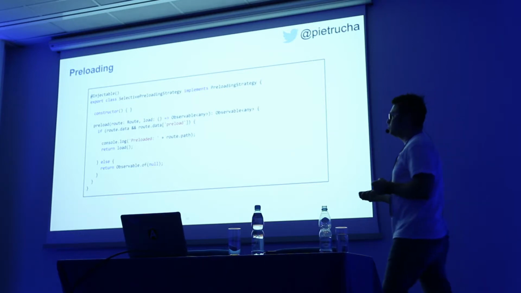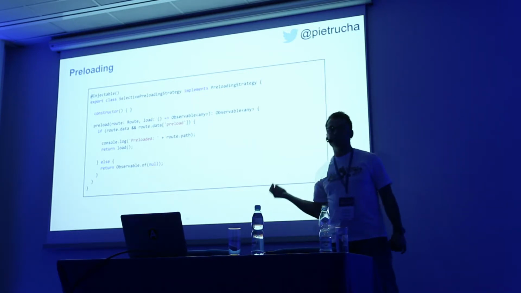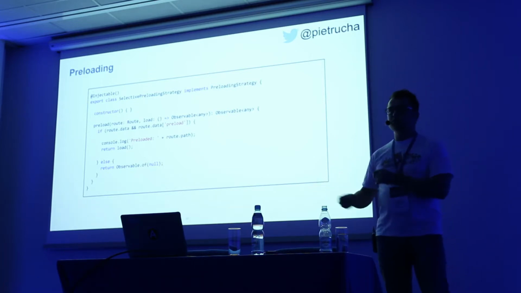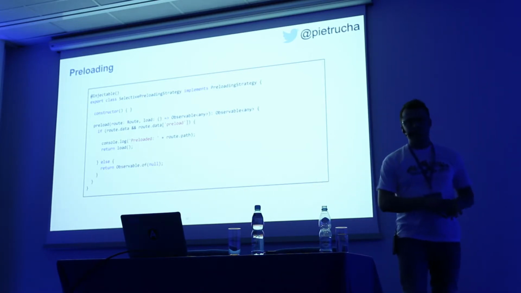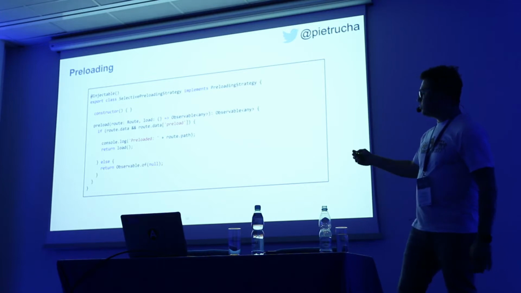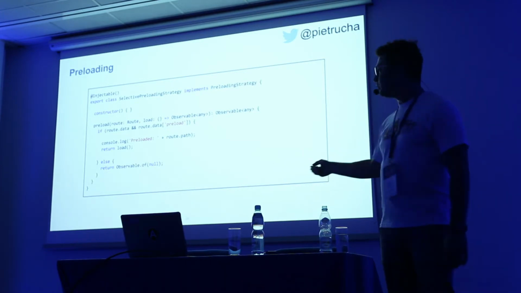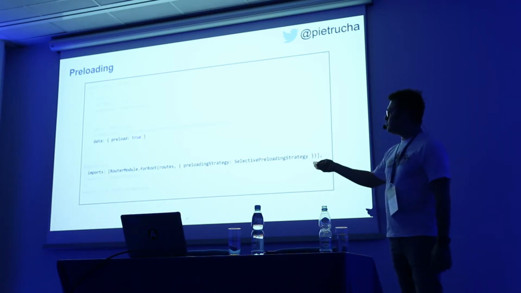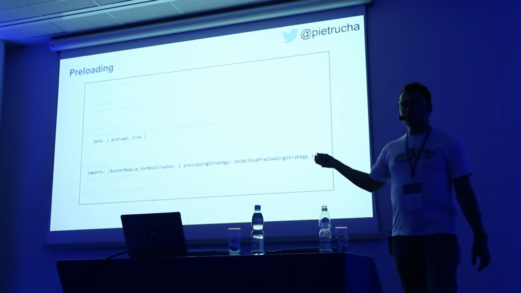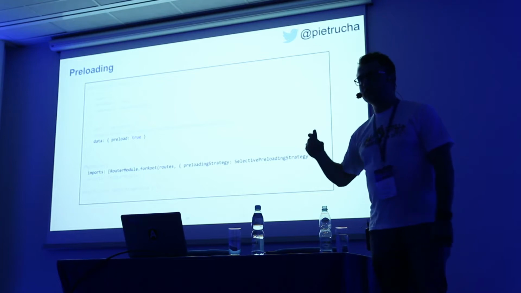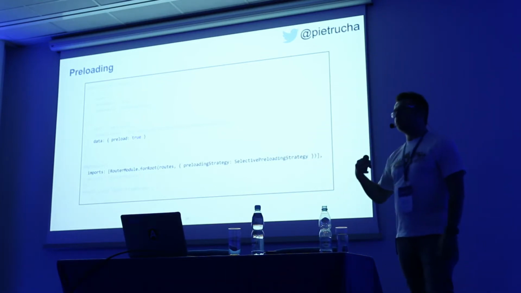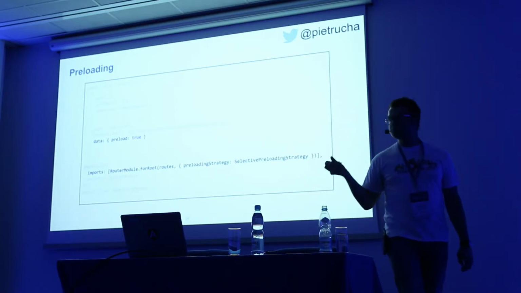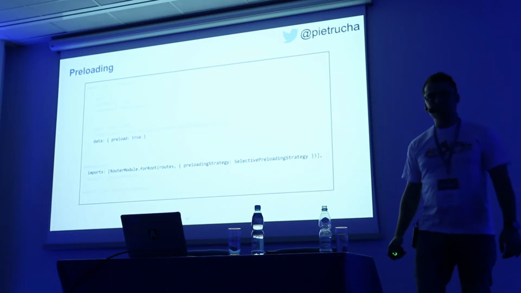If not, we need to return an observable of null. That would mean that this particular route is not dedicated to be preloaded. And that's it. We have implemented our preloading strategy. We have imported it into the configuration, and we can now instrument which particular routes we want to be preloaded. Fairly easy, just two slides to explain what needs to be done.